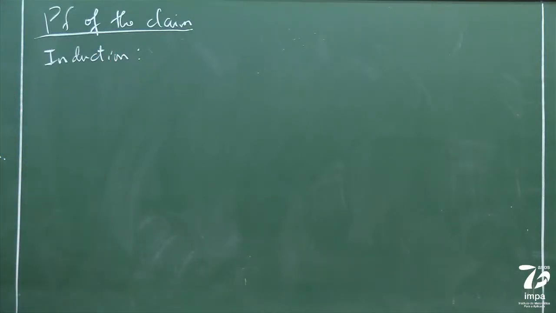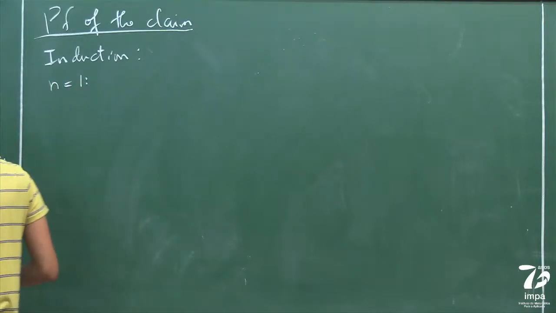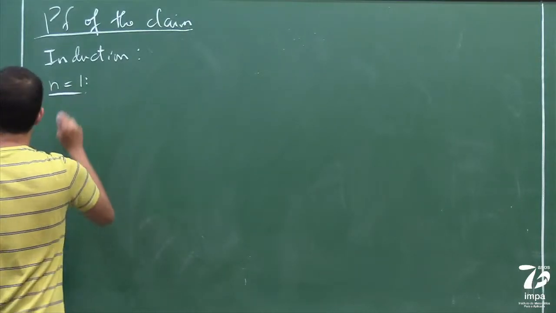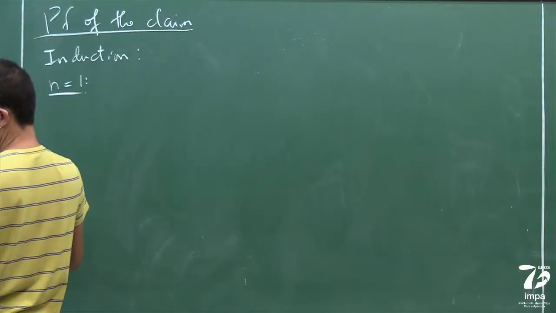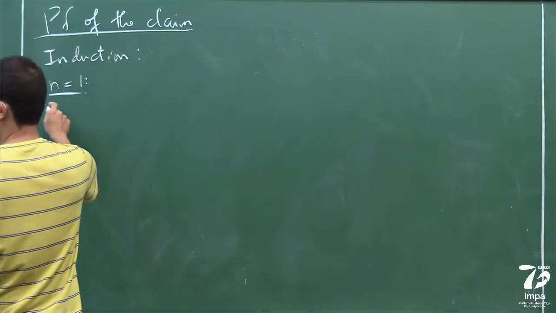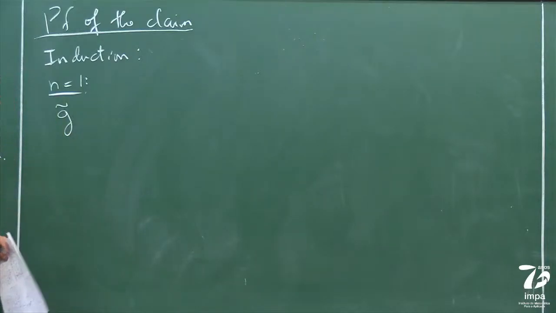First of all, the case n equals 1. Now I have a map. I'm going to keep calling this map g tilde, I don't want to confuse you.